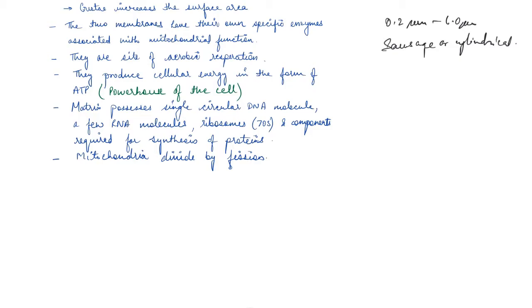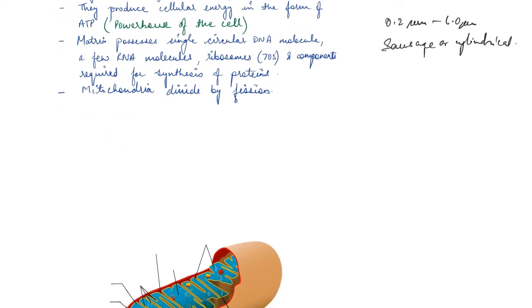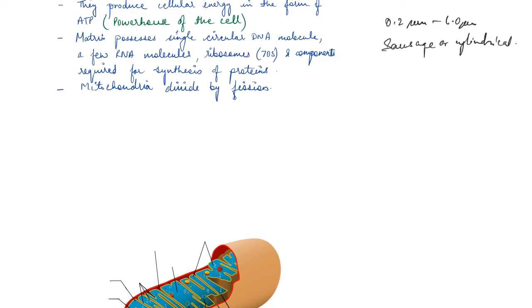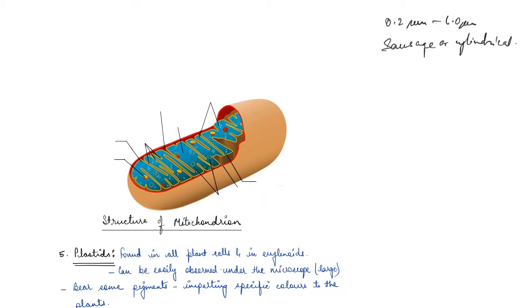They have a few RNA as well. They have ribosomes, and different components required for the synthesis of proteins. That is why we say that mitochondria can kind of self exist, and mitochondria divide by fission.